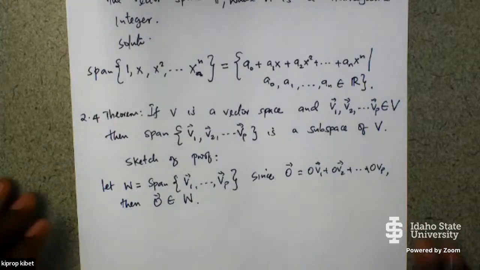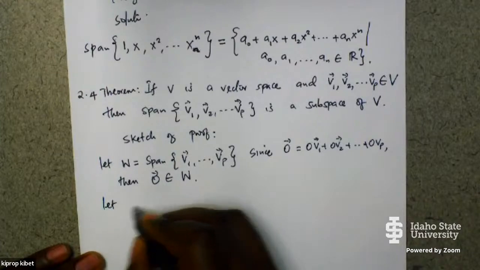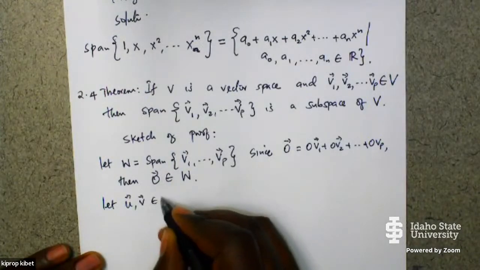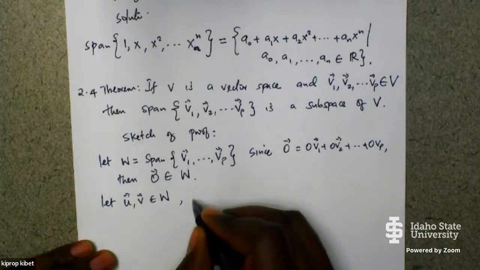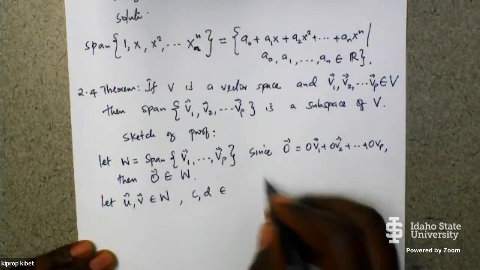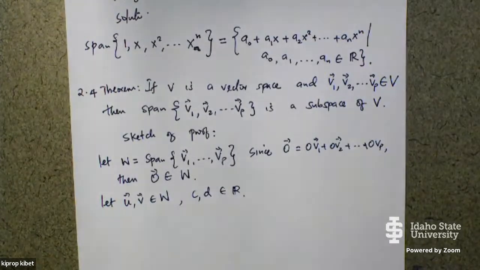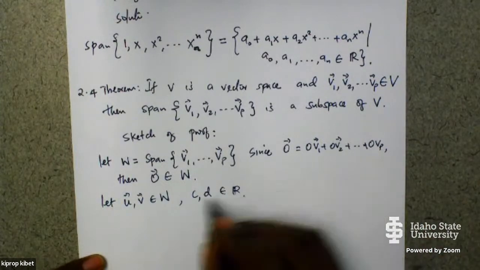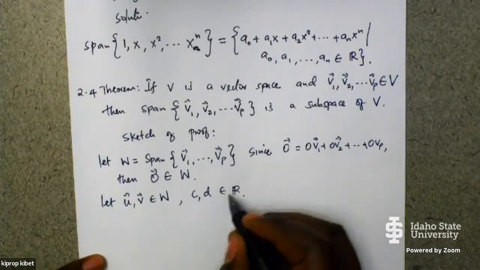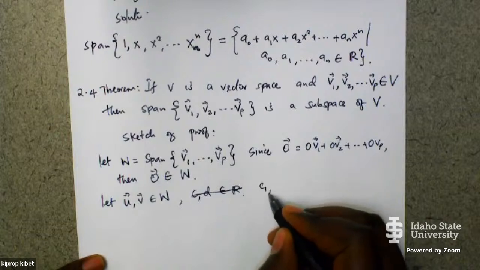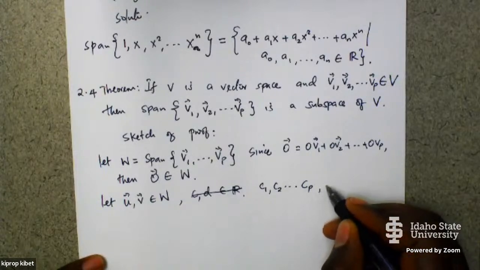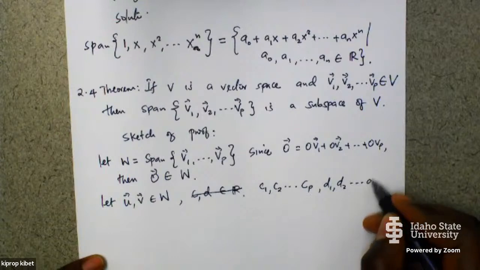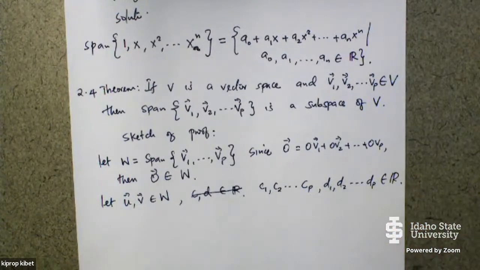Then for the next part, you let U and V be elements of W. Then you can take C and D to be elements of the real numbers. Actually, we can say C1, C2, up to CP, and then D1, D2, up to DP are elements of the real numbers.